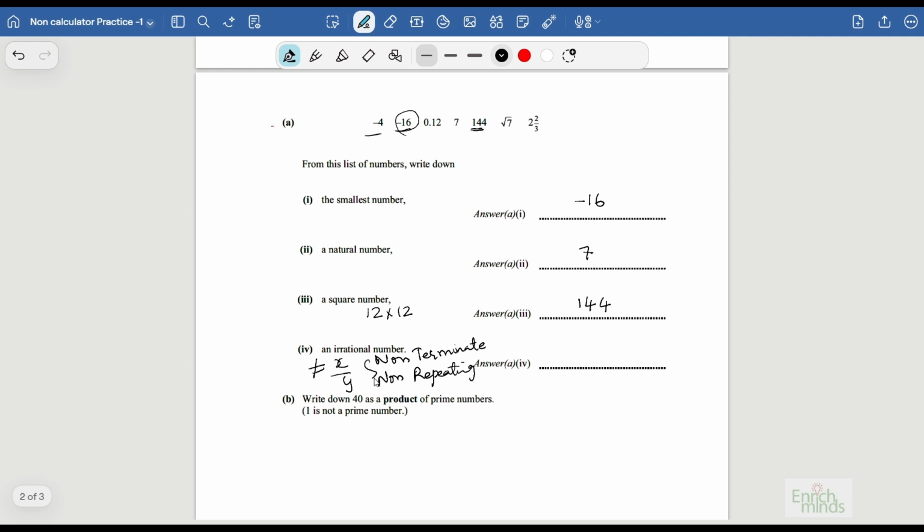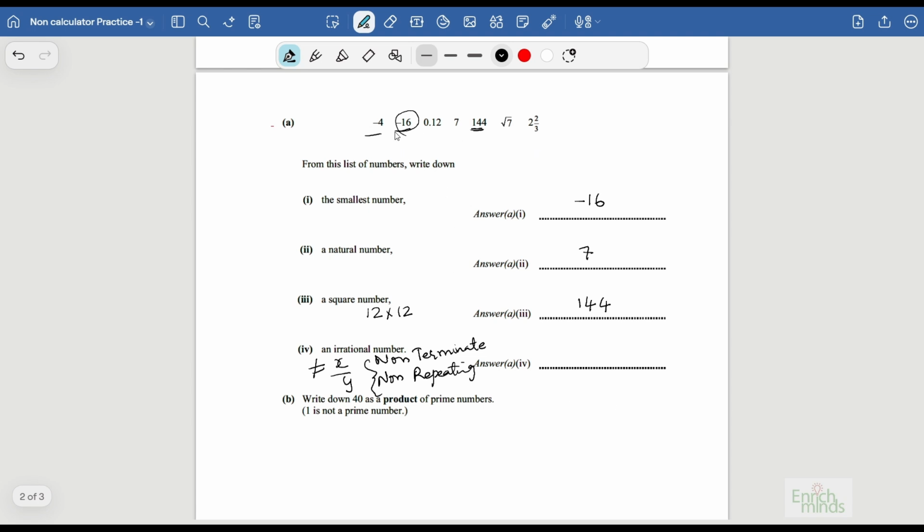So this is the definition of an irrational number. To be more precise, a number when expressed as a decimal should not terminate, it will not end at any point, and it will not follow any pattern in the digits.